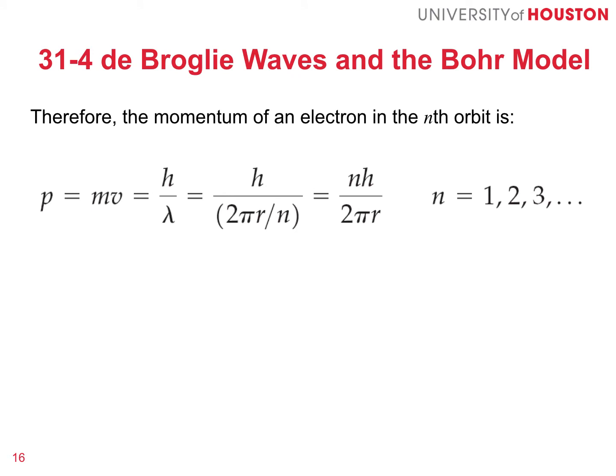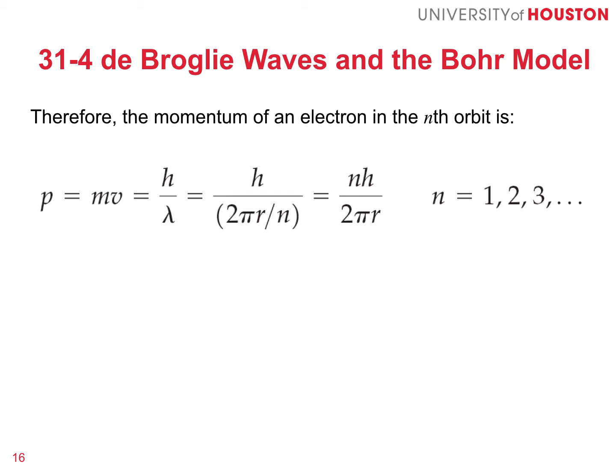So, using the previous hypothesis, one can calculate what the momentum of the electron can be. The momentum is equal to mv, which is also equal to h over lambda from the previous chapter, and if lambda is subject to the orbital restrictions that we discussed in the previous slide, then that has to be the circumference divided by n, where the circumference is 2 pi r.